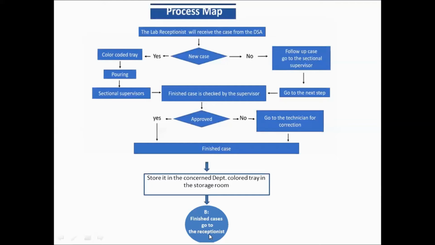This is the process map, as an example, in the dental lab: what is going on, how to make a dental case, crown or whatever is needed. Every step is in a rectangle. If a decision is made, it is in a diamond. From the start to the end, there is an arrow to follow the direction of the process.